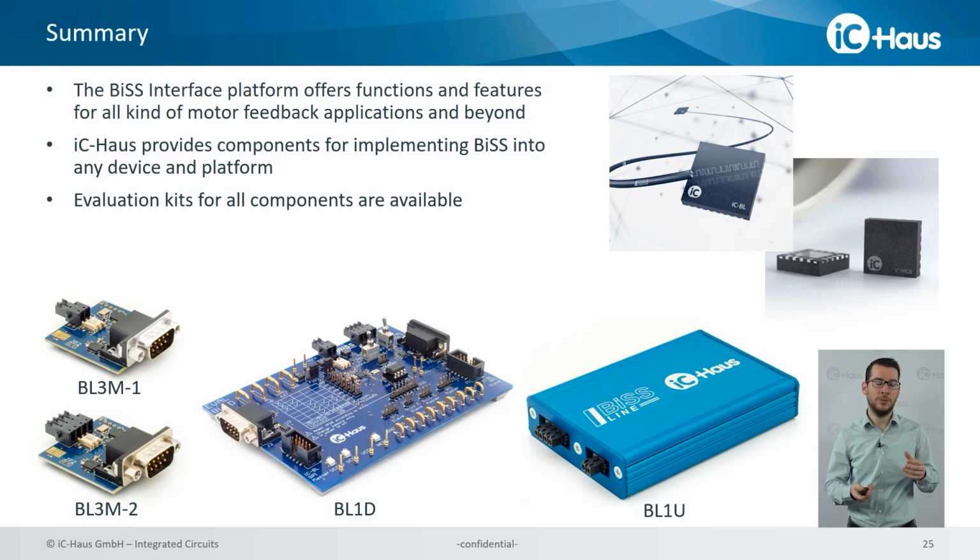So if you intend to connect the BL1D or the ICBL component directly to your microcontroller, then please use the BL1D. And on the right side, you can see our BL1U, which is our BiSS Line master adapter, suitable to connect to any BiSS Line slave, and then use our software GUI for a simple configuration and communication.